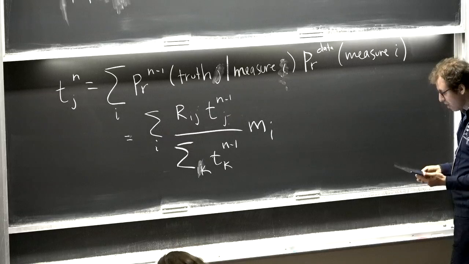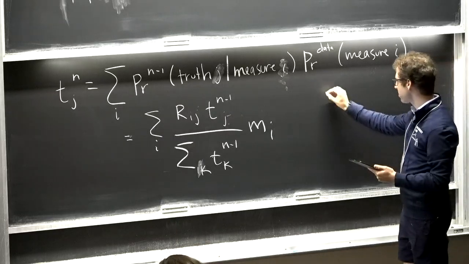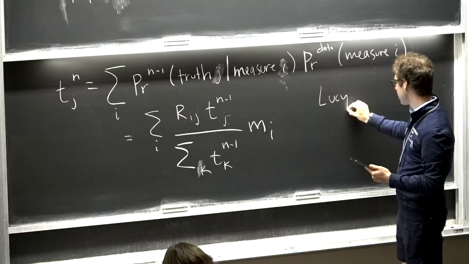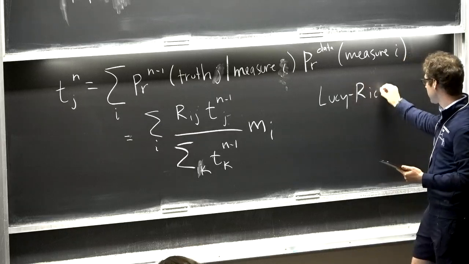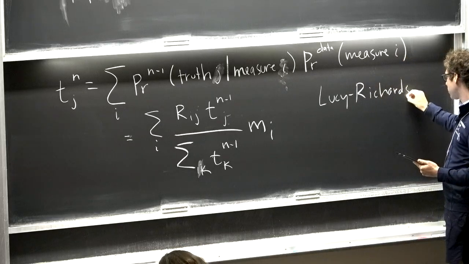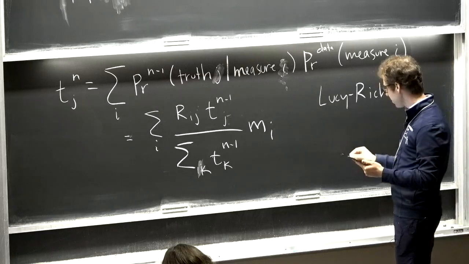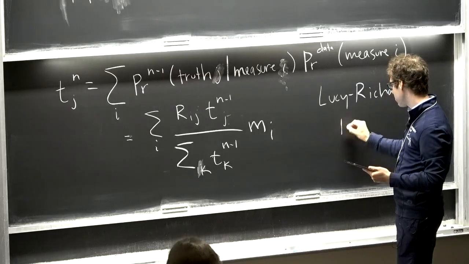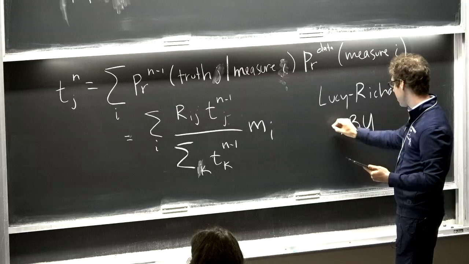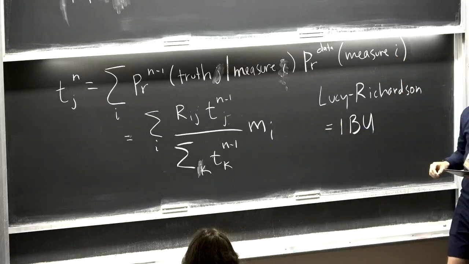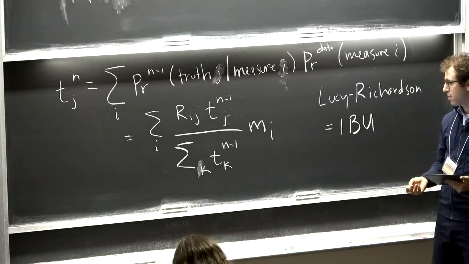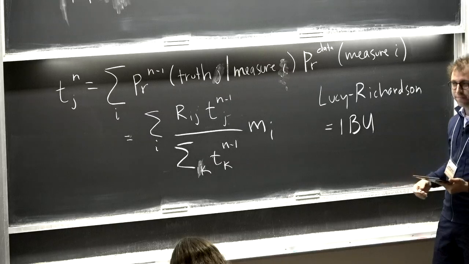Okay, so this thing has a name. It's called Lucy Richardson. It was invented by astronomers a long time ago, and it was reinvented by particle physicists, and they called it iterative Bayesian unfolding, which is a horrible name because it's not Bayesian. But we're stuck with it. So I'm going to call it IBU.